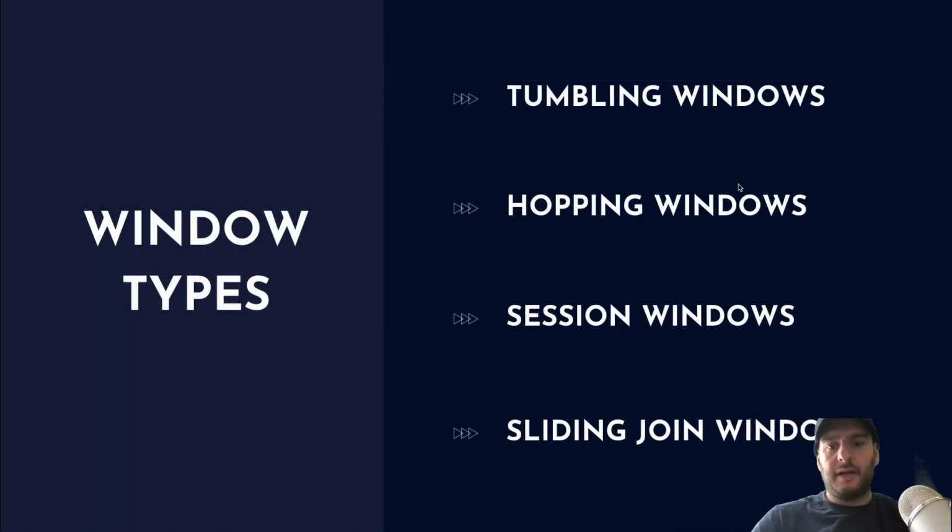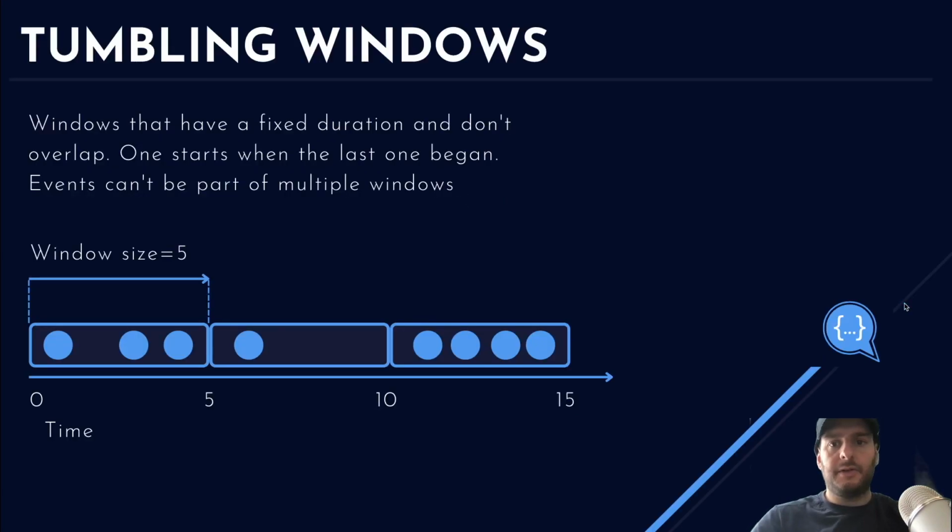Okay, now that time semantics are out of the way, we can focus on the types of windows that Kafka Streams supports. We have Tumbling Windows, Hopping Windows, Session Windows, and Sliding Join Windows. The first one we're going to see is the tumbling windows. You could say these are the simplest to understand because they have a fixed duration and they do not overlap.